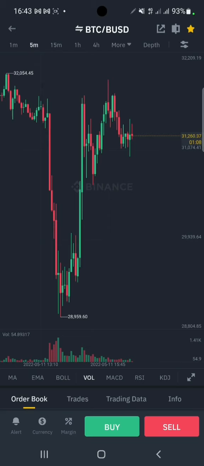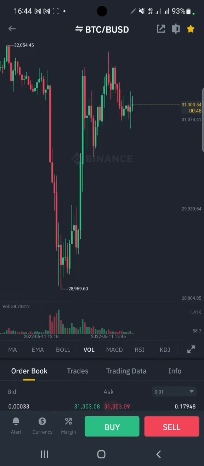But if the volume is large and strong and there's a lot of buying and selling going on, then the price is going to be moving with respect to that volume. Okay, that's why it's very important. It's a very important indicator. It can tell you how quickly the price can move in a given period of time.